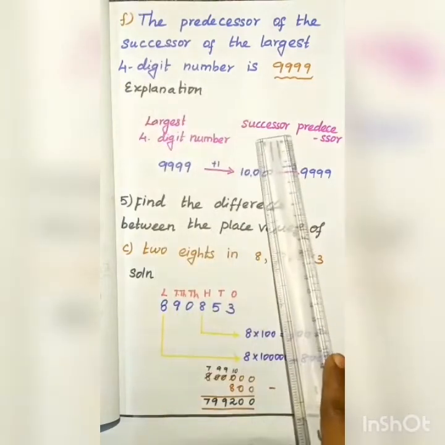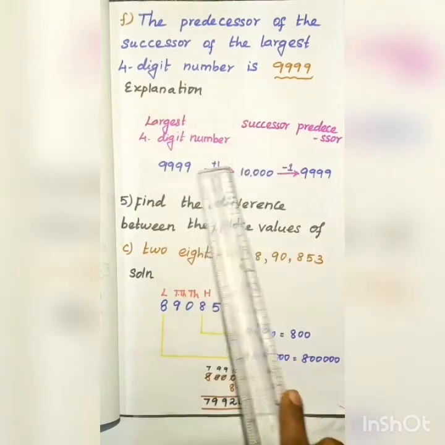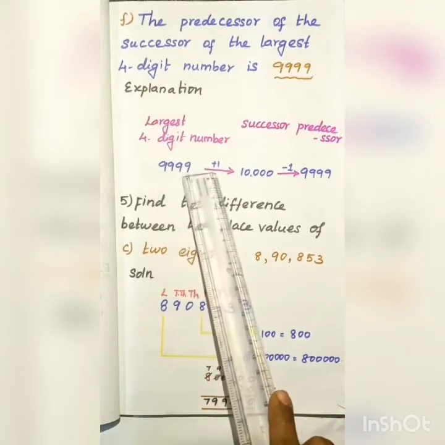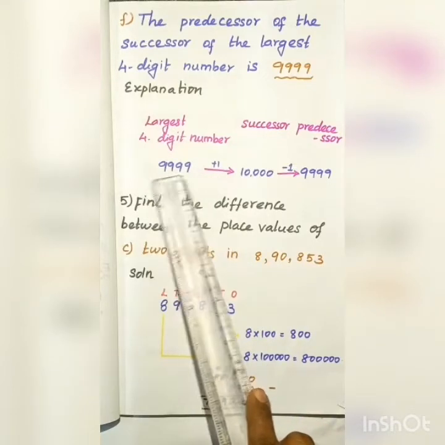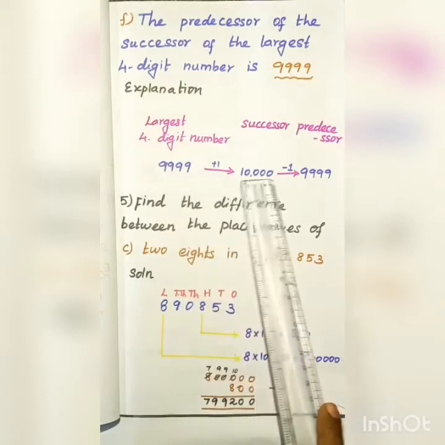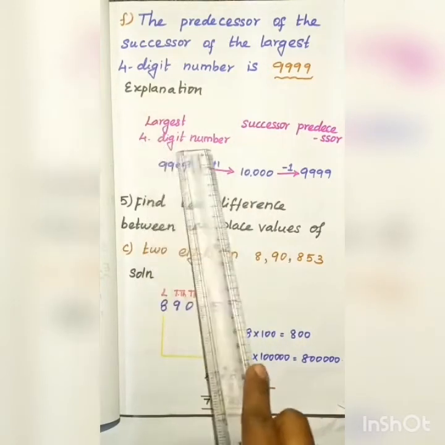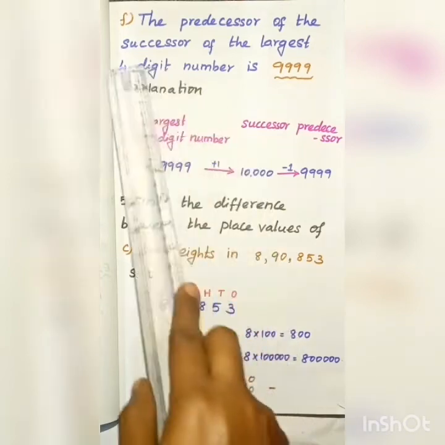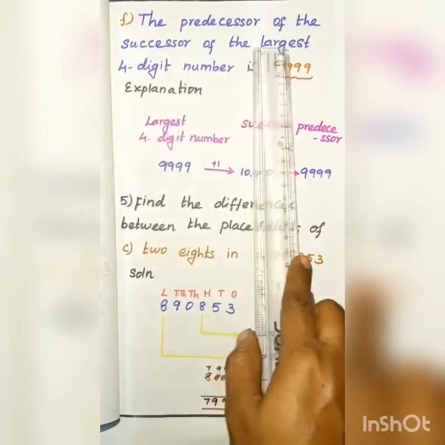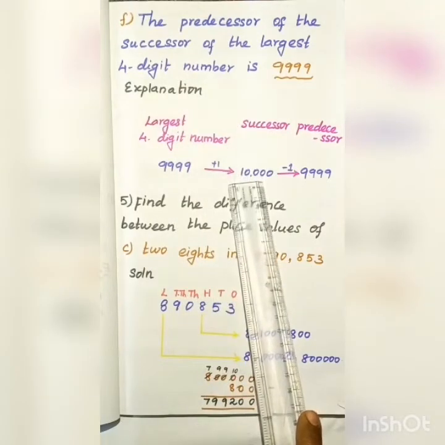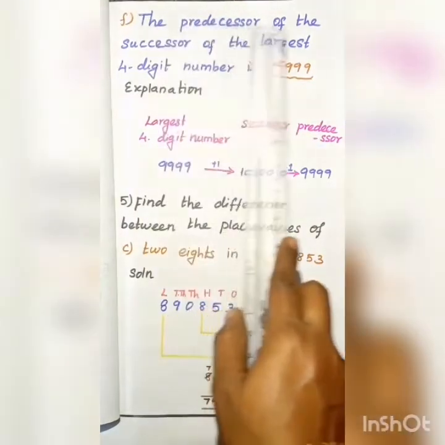What is the successor? Successor means you just add 1 to this number. When you add 1 to 9999, it gives 10,000. So the successor of the largest 4-digit number is 10,000. Then the next step: the predecessor of the successor.